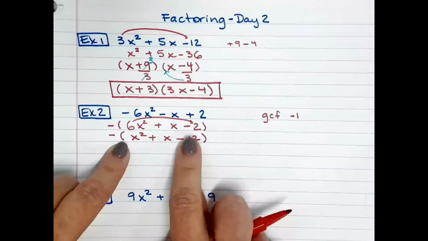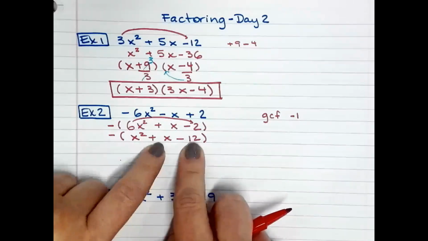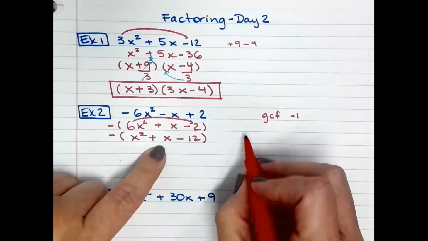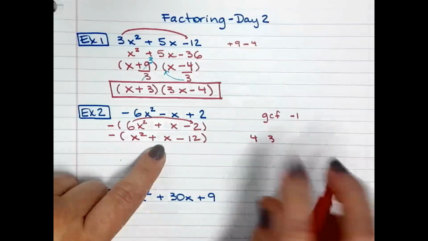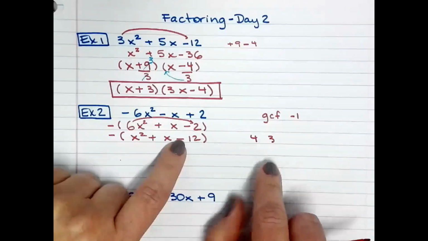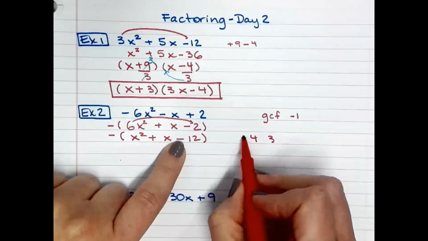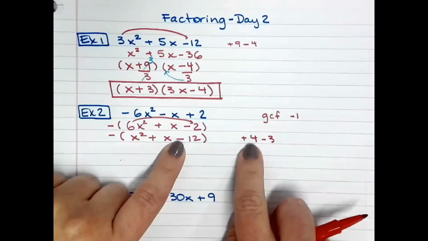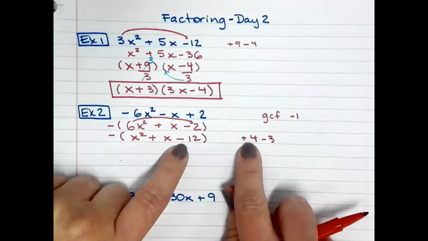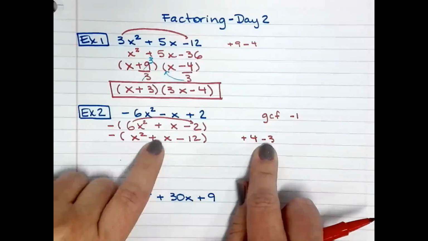So I'm looking for two numbers that multiply to negative 12, and the same two numbers that add up to 1, 1x. Okay? I immediately think 4 and 3. One of them would have to be negative because when I multiply, I get a negative number. So positive 4, negative 3. So 4 times negative 3, I have negative 12. And when I add them up, 4 minus 3, I get 1.